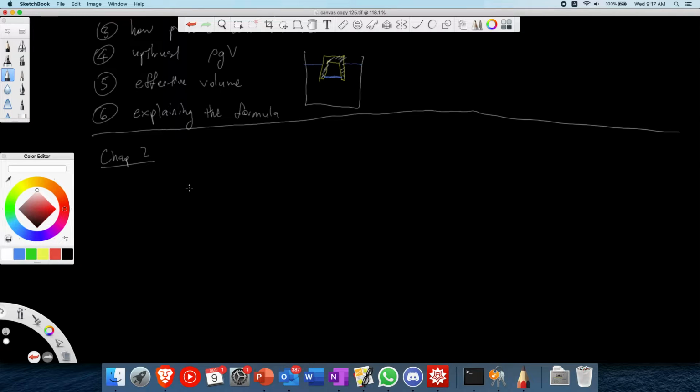We want to ask the question: if I have a region of air, and I know the pressure at this point, let's say it's P0, how do I find the pressure at another point?